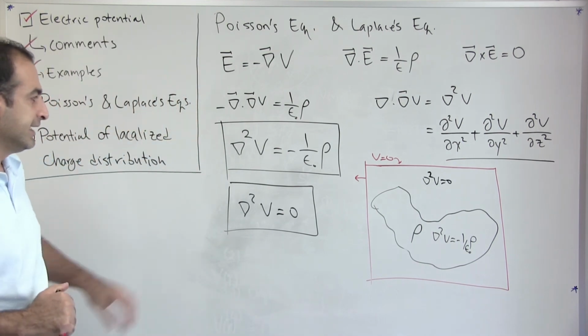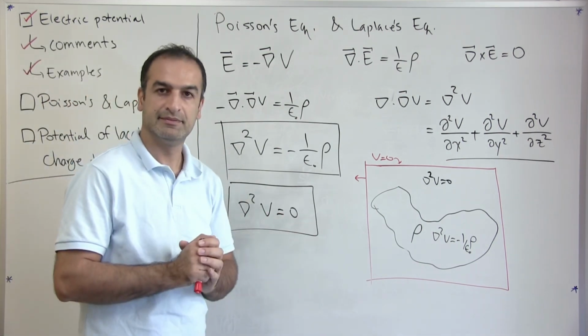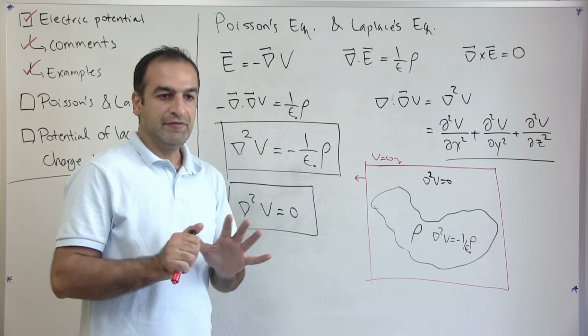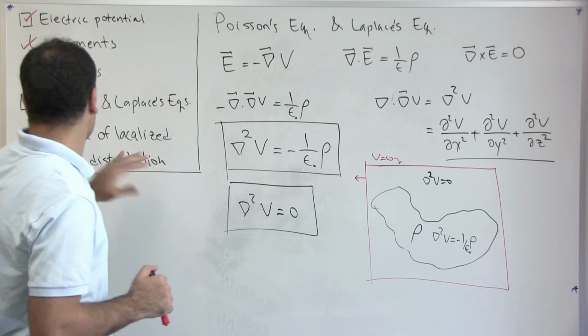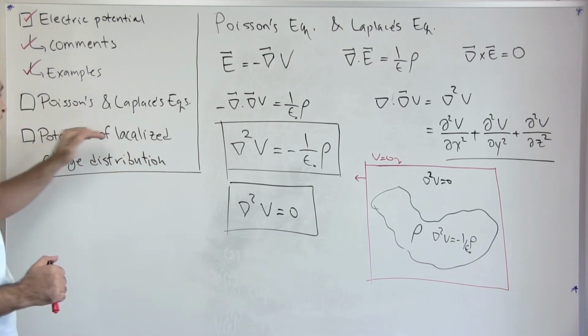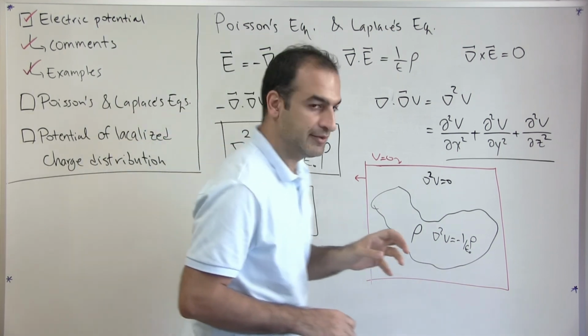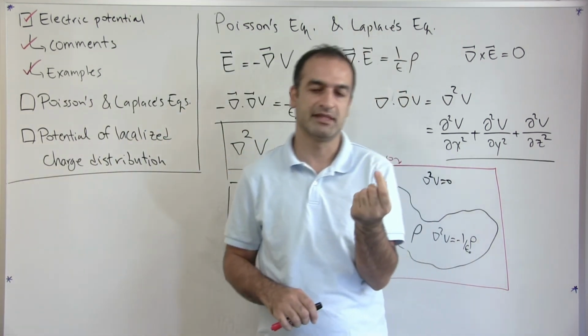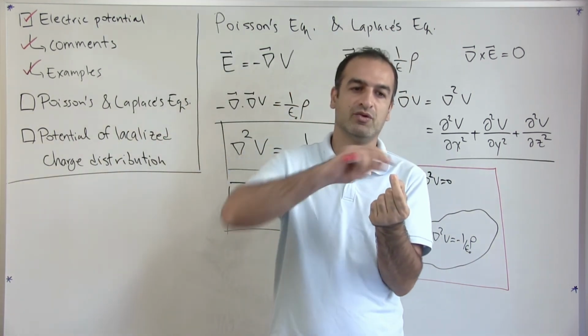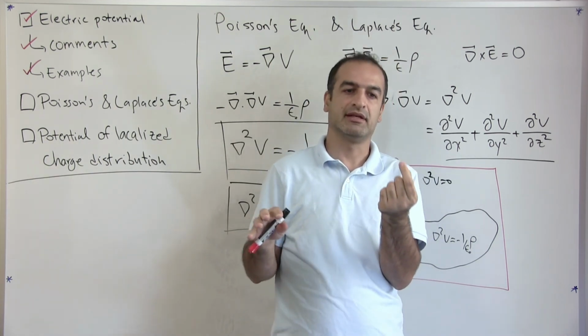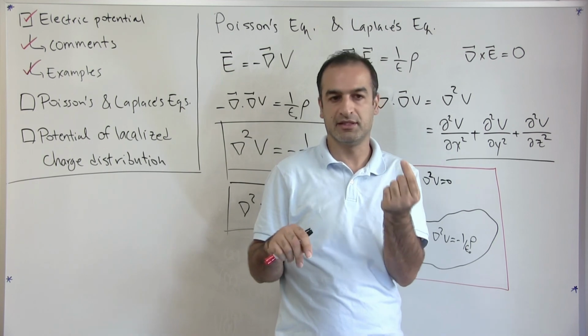Okay. Any question on this? All right, so if you're good, I'm going to move on, and I'm going to look at the potential of a localized charge distribution. What I want to do is focus on a point charge and say, if I have a point charge here, what is the proper way of formulating and calculating electric potential around this one single point charge?